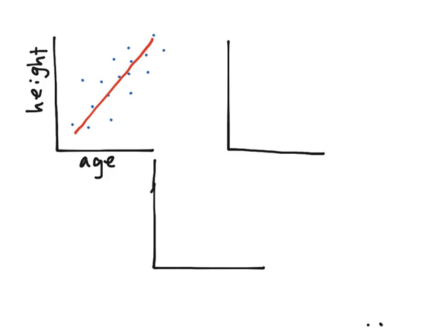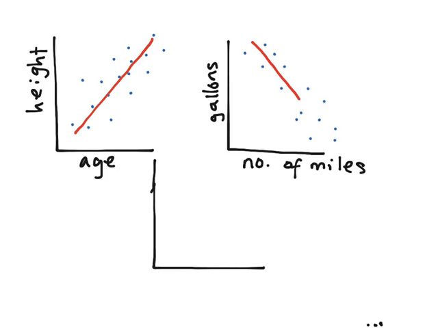If we put number of miles on the x-axis, and gas left on the y-axis, we would expect something like this, where the amount of gallons decrease as we drive more, showing a negative correlation.